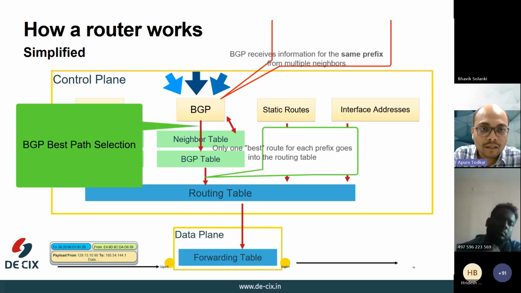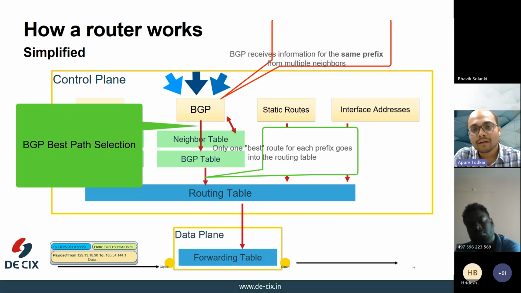So how does all this work in the router? Here is a simple overview that you can see in the slide: a router has several tables, including the BGP table and the routing table. BGP operates in the BGP table where it receives the information about the network prefixes. Then BGP might receive the same prefix from multiple neighbors, each with different attributes.